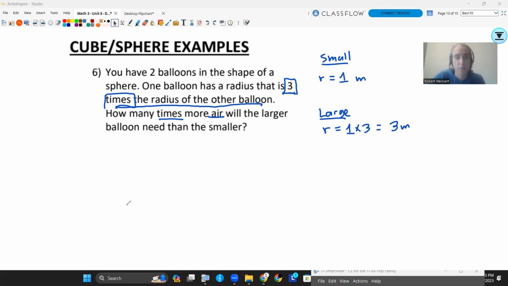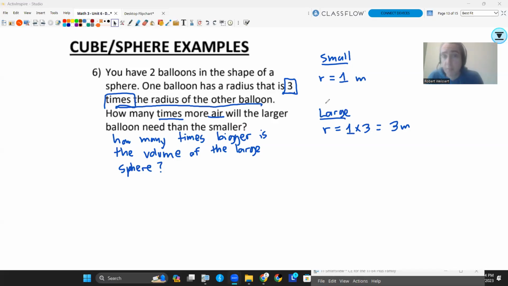You can think of that question just by rewriting it as how many times bigger is the volume of the large sphere. So if you take this small balloon, let's say I put a 1 there. Let's see if I can make this dimensionally accurate. So if I go out here, 1, 2, 3.